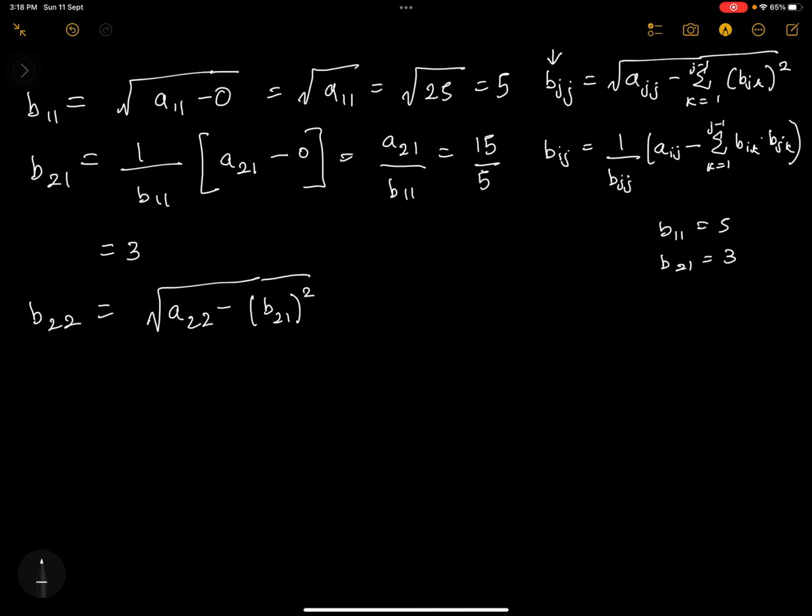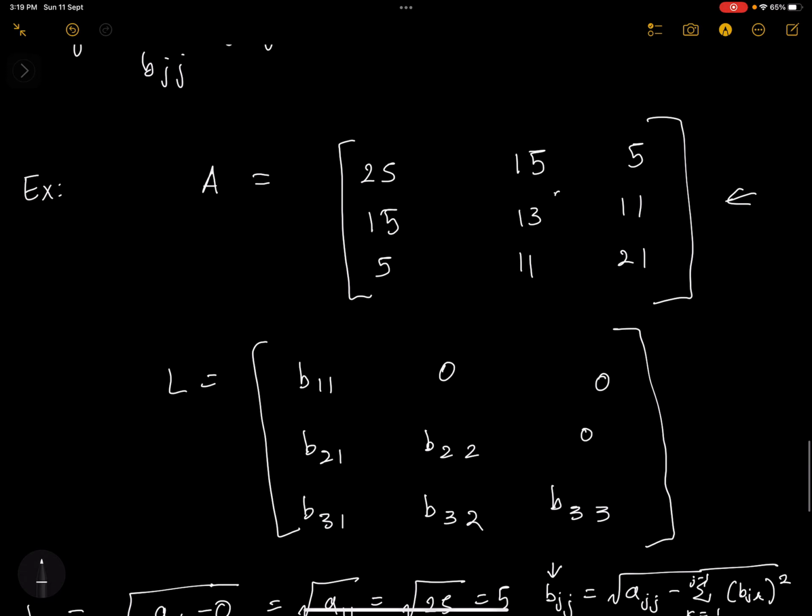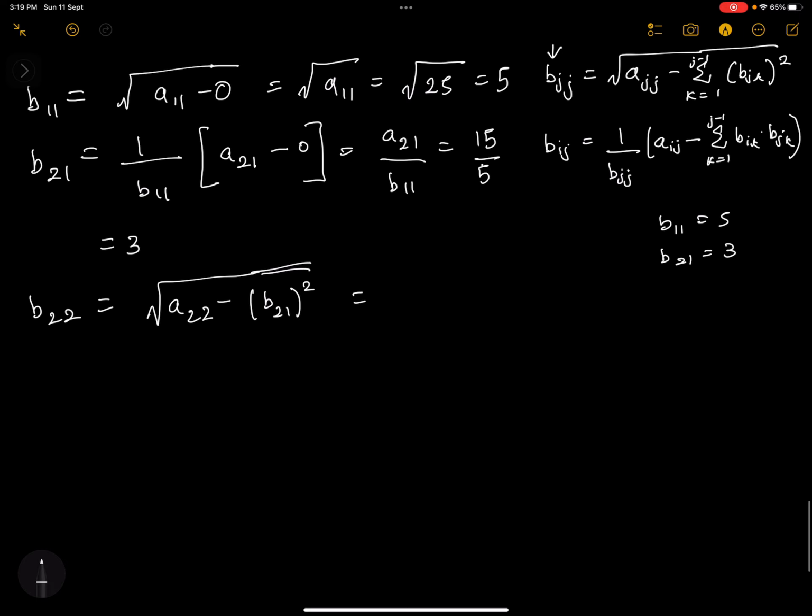Since we know the value of a22 from the matrix and b21 from the previous calculation, we can just compute that. So a22 is 13. So we will be left with the square root of 13 minus 3 squared, which is 13 minus 9, which is 4. The square root of 4 is 2, and therefore b22 is equal to 2.